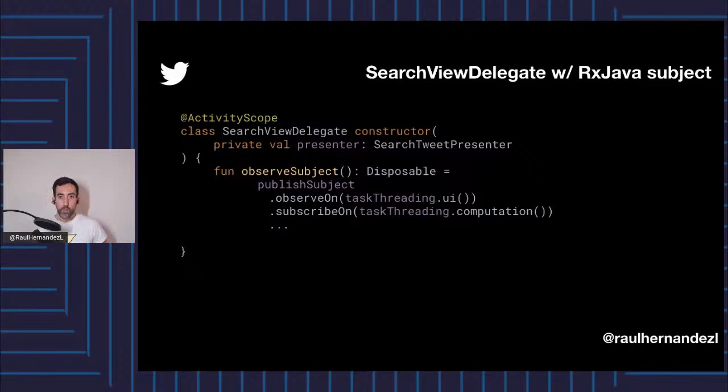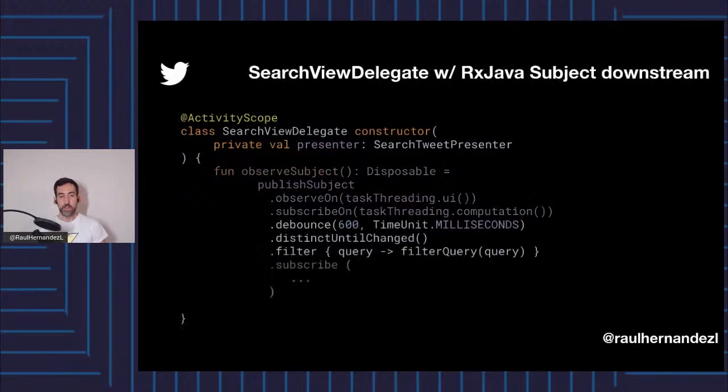Then, with the view delegate and RxJava subject, when we are collecting the results, we'll pass this disposable, we'll use the publish subject, and we'll observe on the UI thread. Subscribing on the computation thread if we want to do any operations, and then we'll do the debounce. We need to have some delays for the queries.